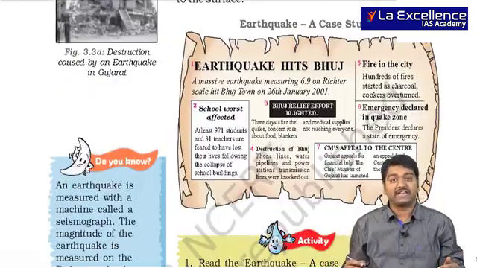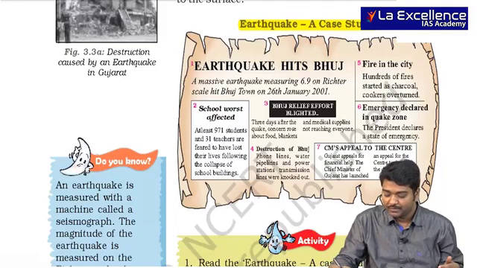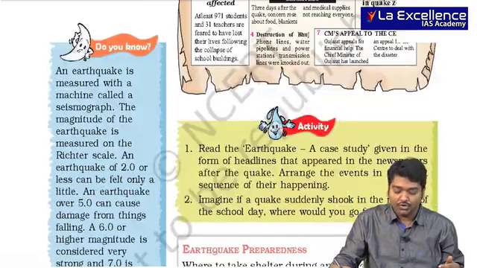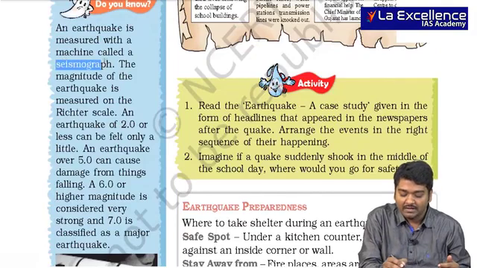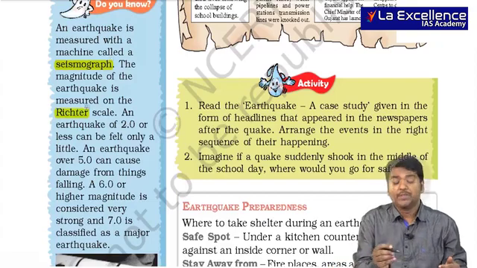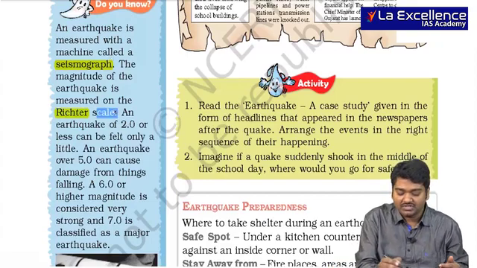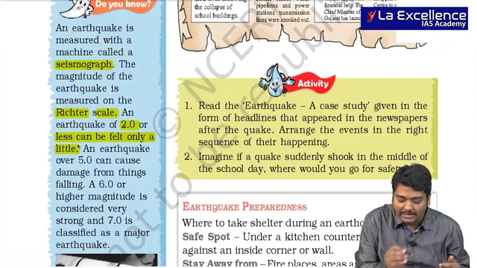They have given an example of an earthquake, a case study which actually happened in Bhuj, Gujarat. And here, what is important is where they give you information about the machine that is actually used to measure this, that is the seismograph. The magnitude of an earthquake is measured on the Richter scale. An earthquake of 2.0 or less can be felt only a little.